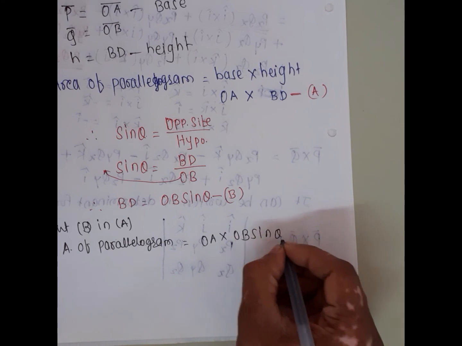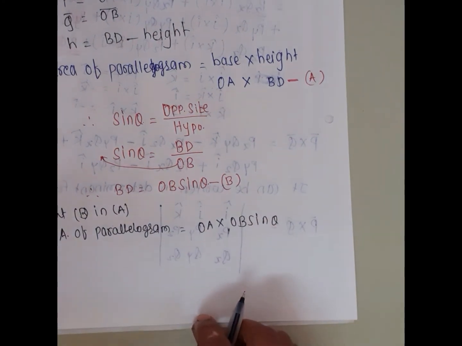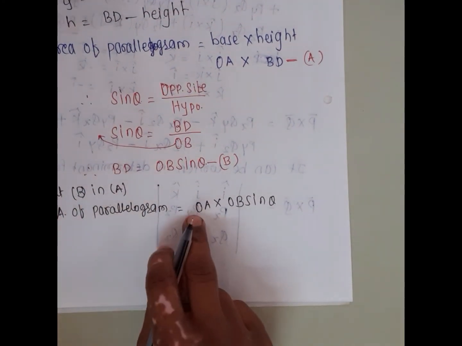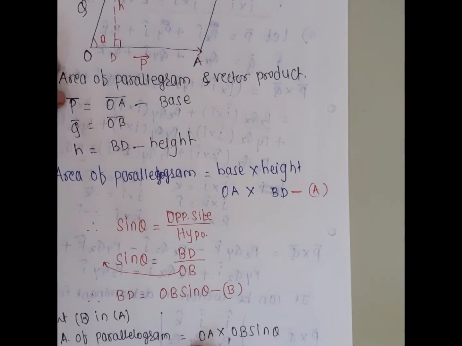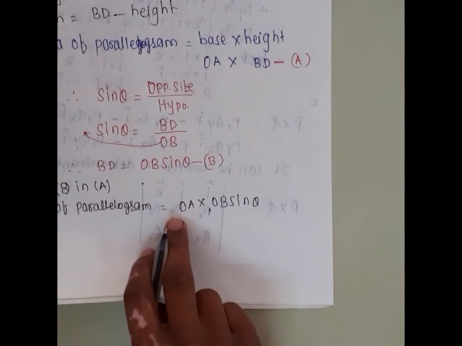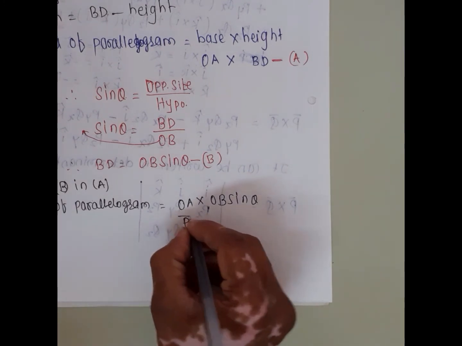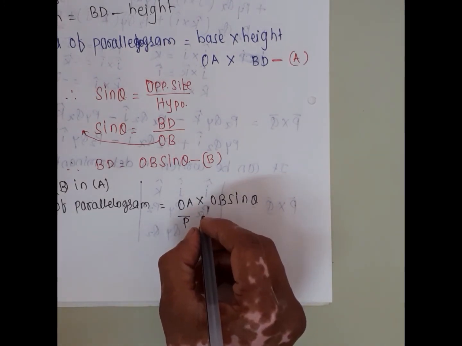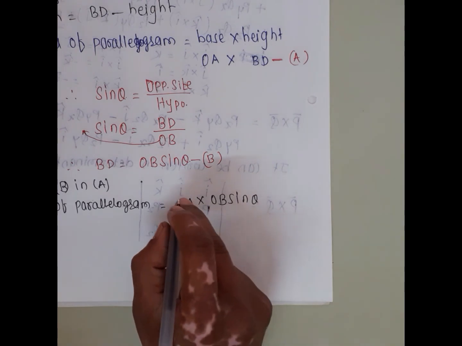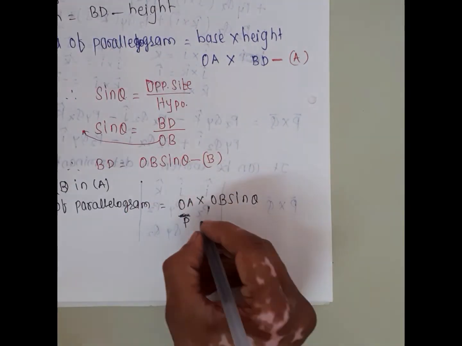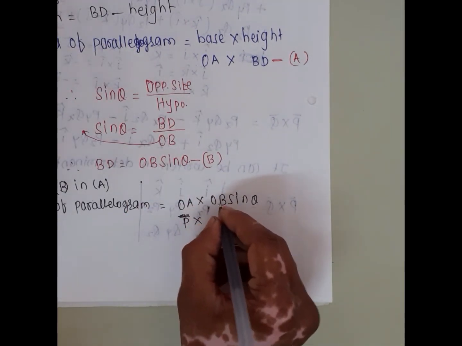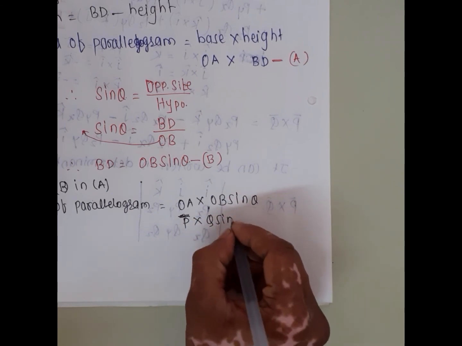According to our figure, OA means p bar and OB means q bar. So instead of OA we put p, and instead of OB sin theta we put q sin theta.